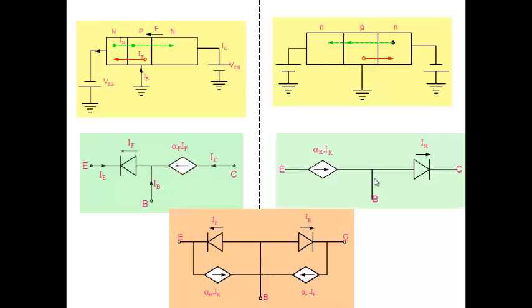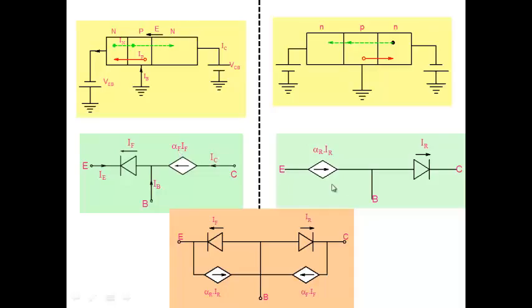A general model. A general model of a transistor. Now, let's see if I am reverse active. Reverse active means this diode is reverse biased, IR equal to 0. Alpha R IR equal to 0, it goes back to this mode here.